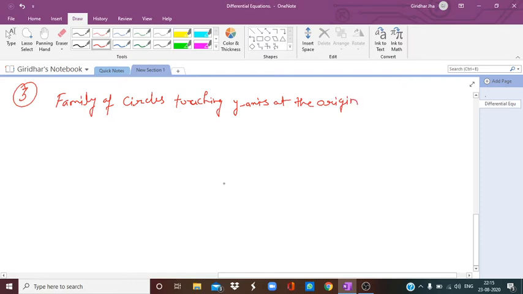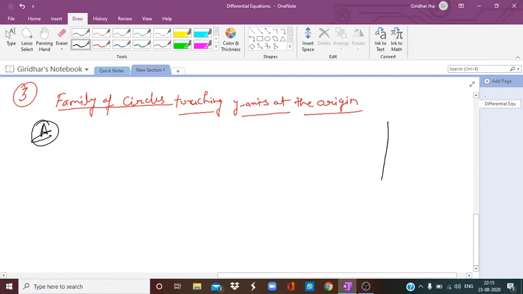Fine. So we have to form the differential equation of the family of circles touching y-axis at the origin. Now if you see this geometry, if you draw the diagram, how it will look like, look at this.